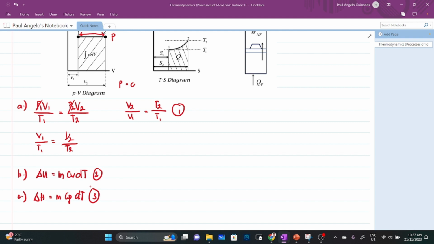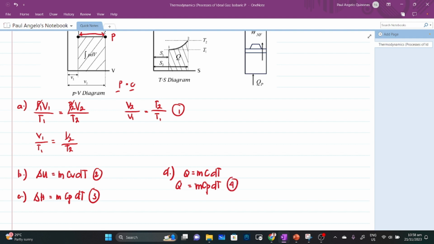Leading us to the equation of heat, wherein we've said that heat is always dependent on the process, and has the general equation of mC dT. Since we are observing a process with constant pressure, heat is represented by this equation.